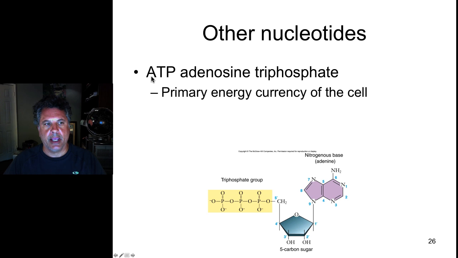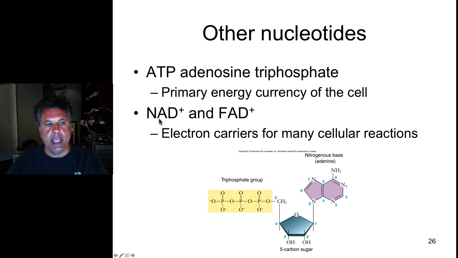ATP stands for adenosine triphosphate, 3 phosphates. And this is the primary energy currency of the cell, because the breaking off of phosphates here releases energy that can be harnessed by enzymes to catalyze biochemical reactions. So ATP is the energy currency of the cell.